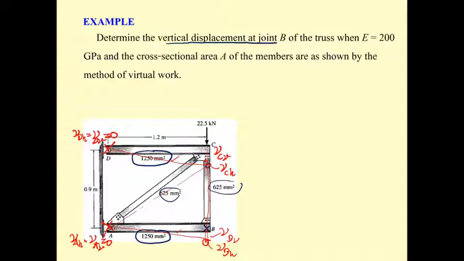And now we come to the virtual work equation. External virtual work is going to be equal to internal virtual work. And now what we have is this truss subjected to the force at B also.